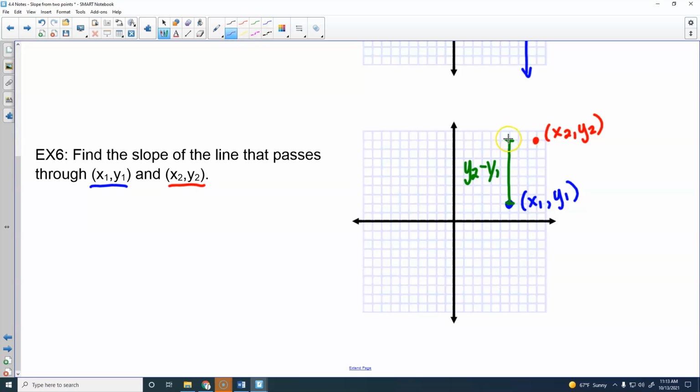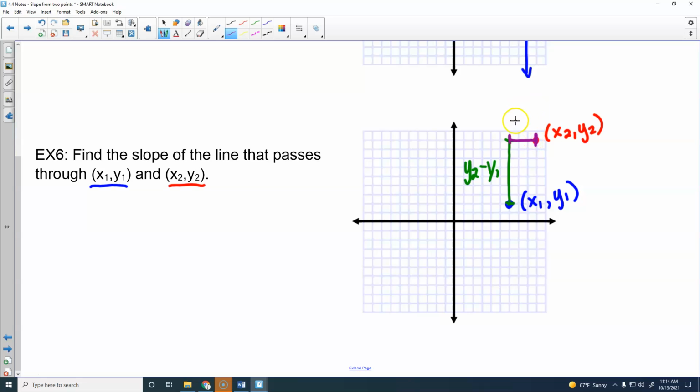Then I would need to know how far to the left or right I have to go. So I could also subtract my x's, the x coordinates here. For example, this is actually at 6 and this is actually at 9. 9 minus 6 would give me 3.